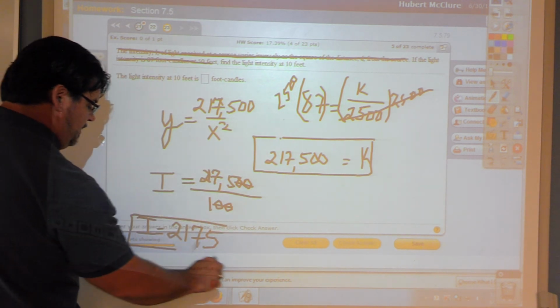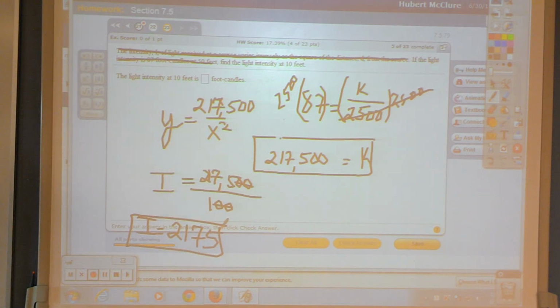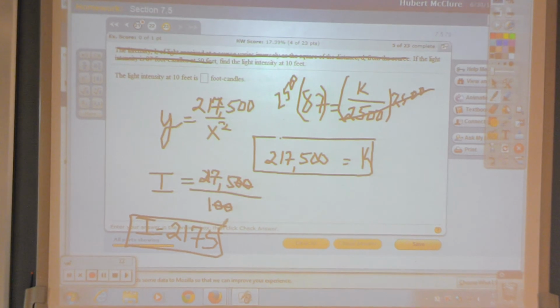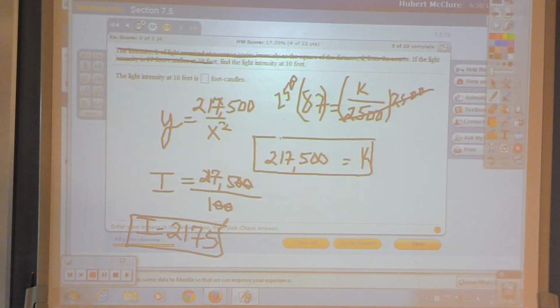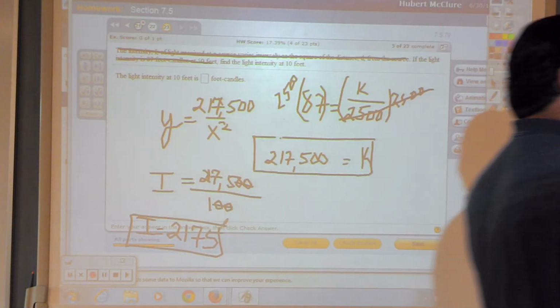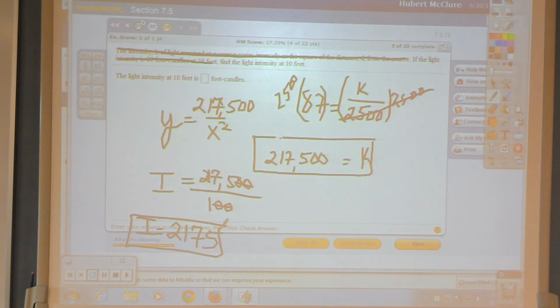Yep. Didn't even need a calculator for it. Oh, it did for that big number over there. So the light intensity at 10 feet is 2,175 foot candles.